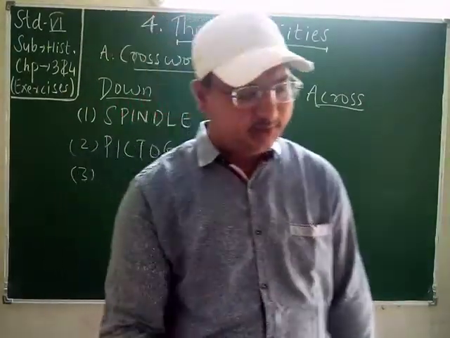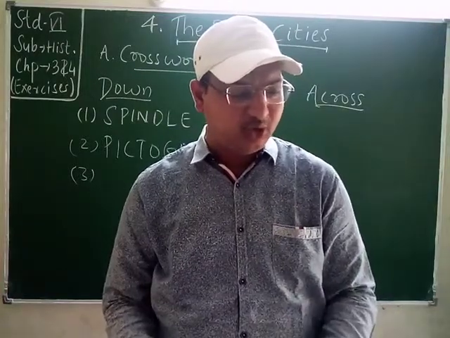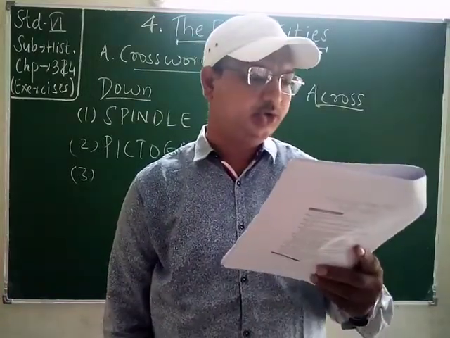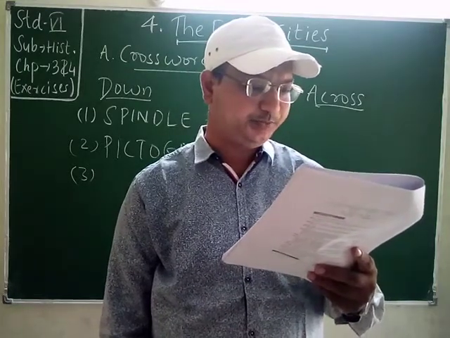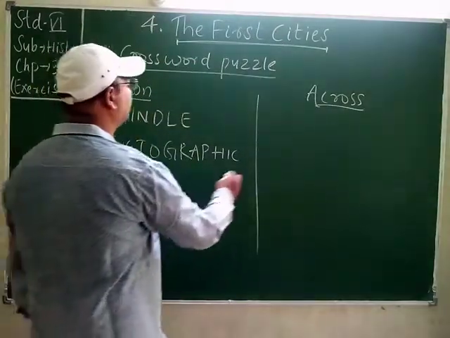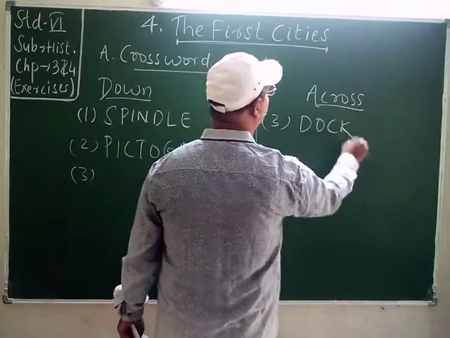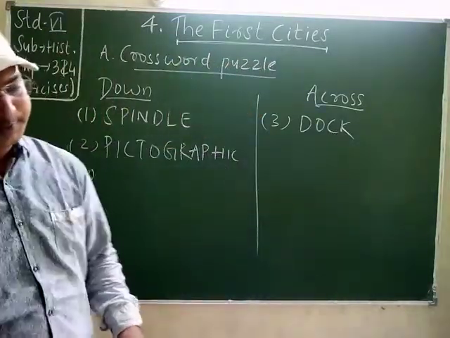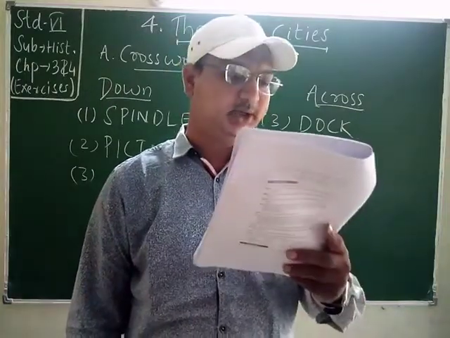Number 3 is from the across section. The large structure at Lothal where ships were loaded and unloaded. So the answer is, students, dockyard. Number 4, the smaller upper part of the city which had important city buildings.